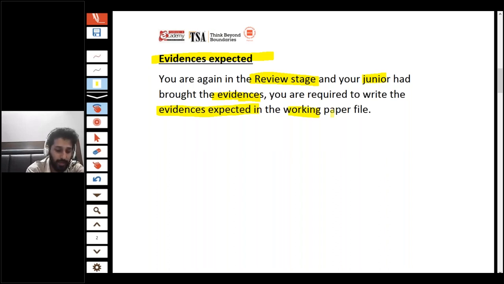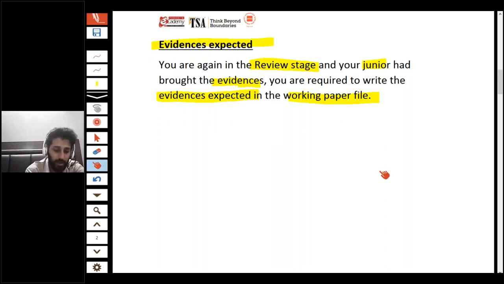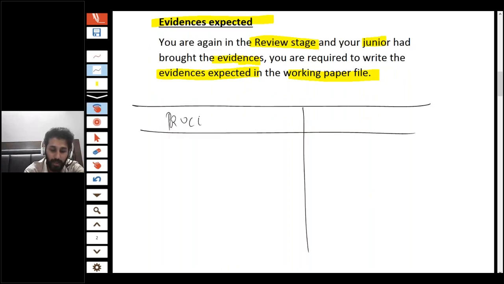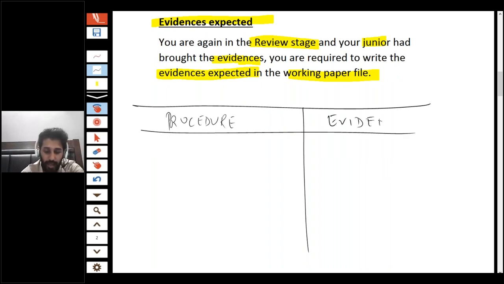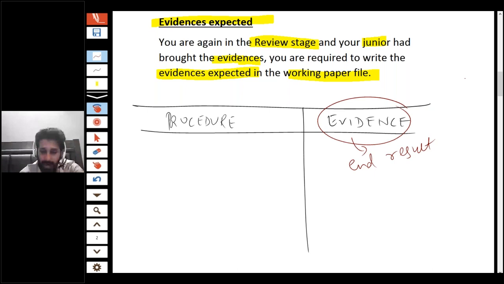Now see what is the difference between procedure and evidence? Remember that evidence is actually the end result.